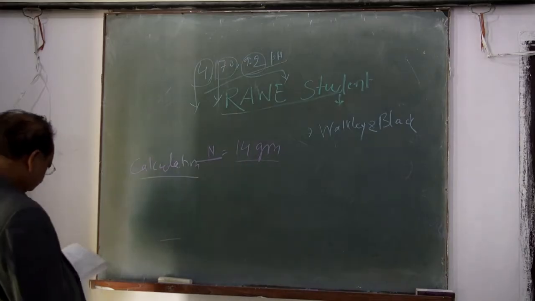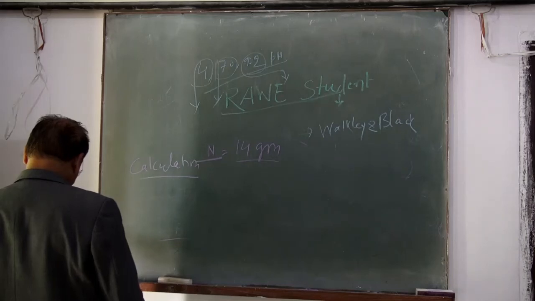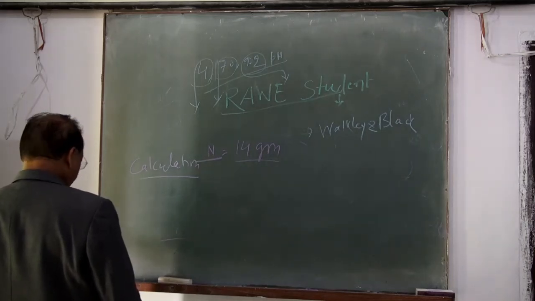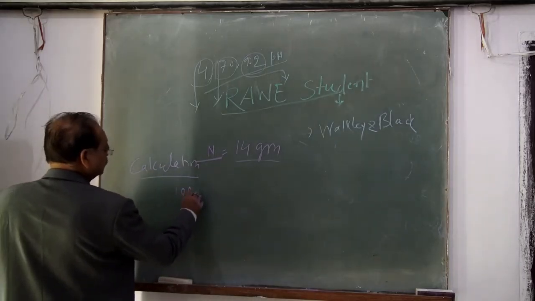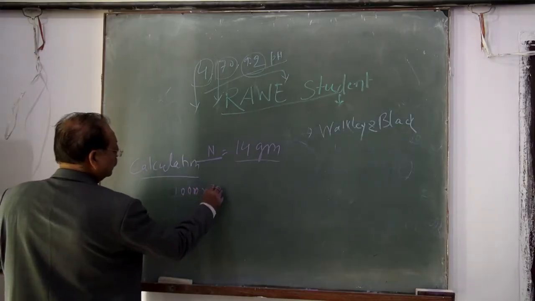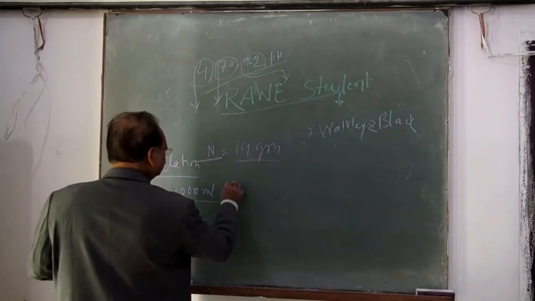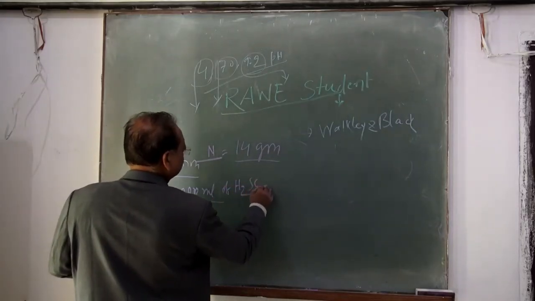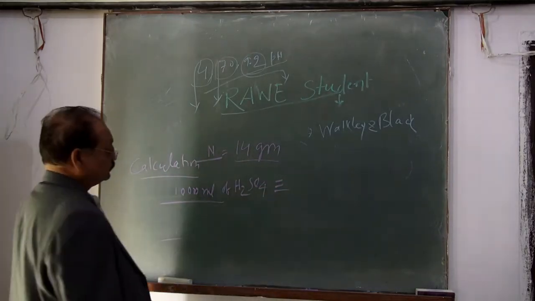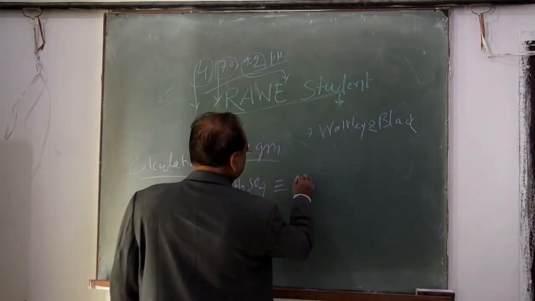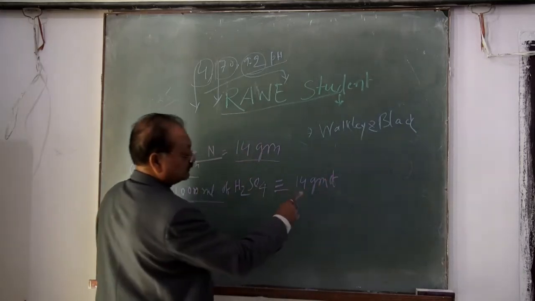Now, 1000 ml, or you can say 1 liter, of sulfuric acid H2SO4 is equivalent to 14 gram of nitrogen.